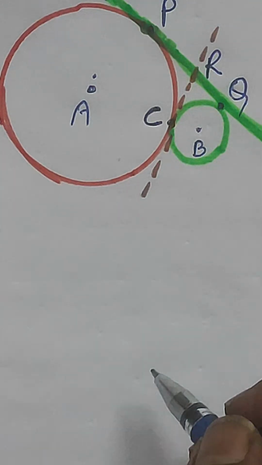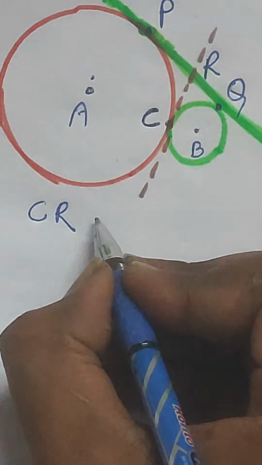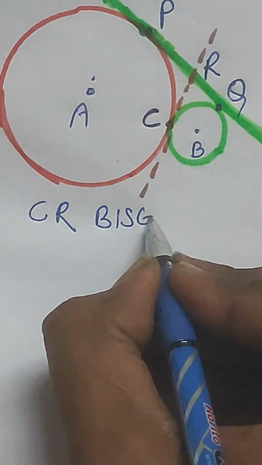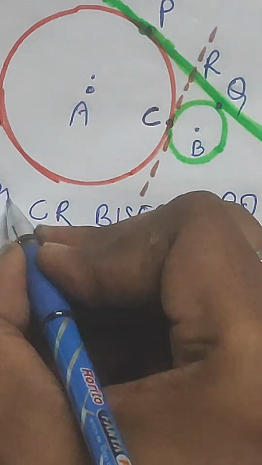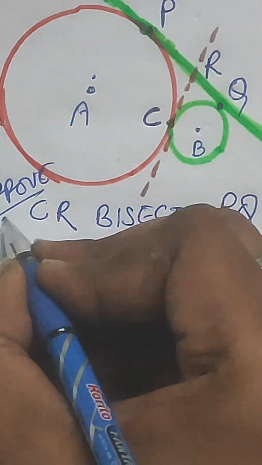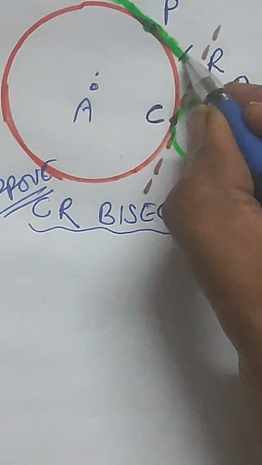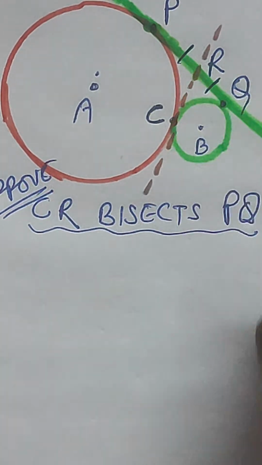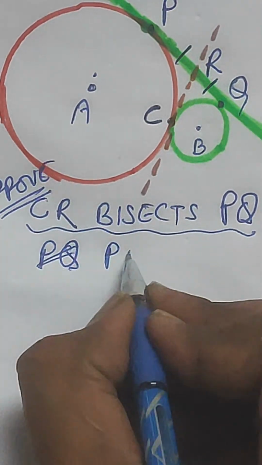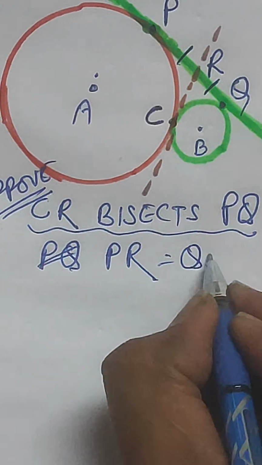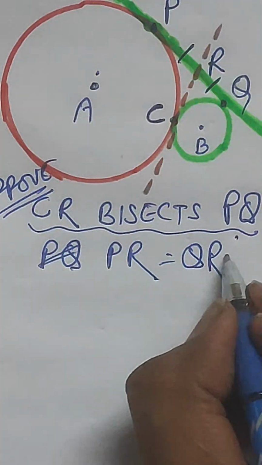Now we need to prove that CR bisects PQ, right? If CR bisects PQ, that means PR will be equal to QR. That we need to prove, right?